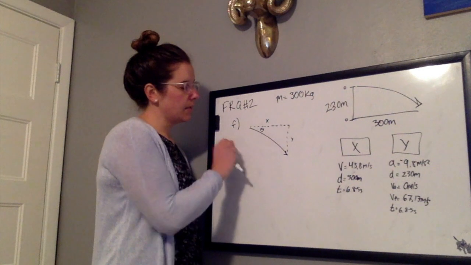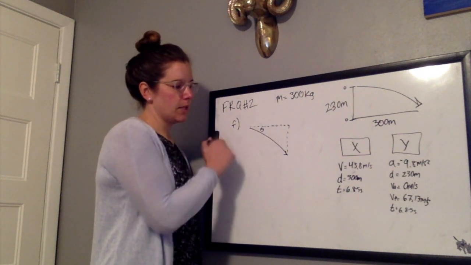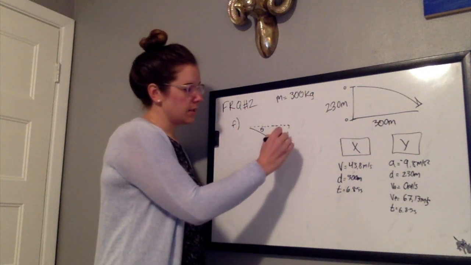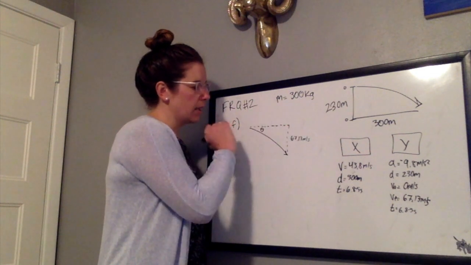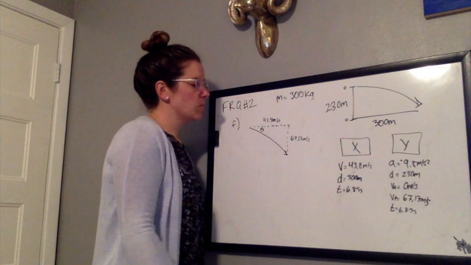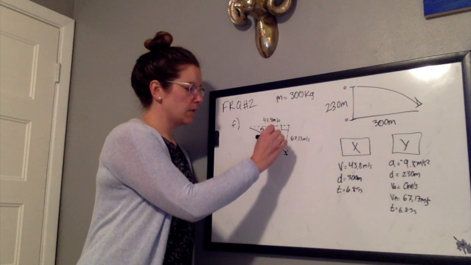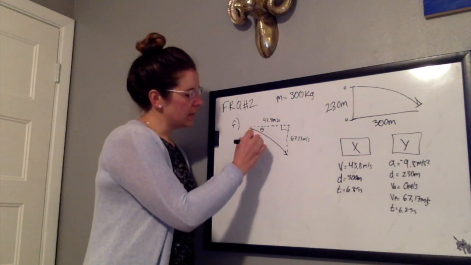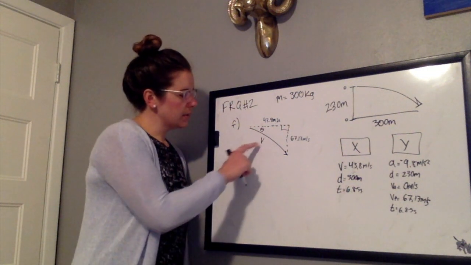Here we have x and here we have y. We're trying to find the velocity, so we need the velocity components. In the vertical direction, this is 67.13. In the x direction, you have 43.8 meters per second. This is a right triangle. Maybe you're thinking to yourself, ooh, I love Pythagorean theorem. I'm going to use that. Here is the actual velocity. Let's solve for this first.